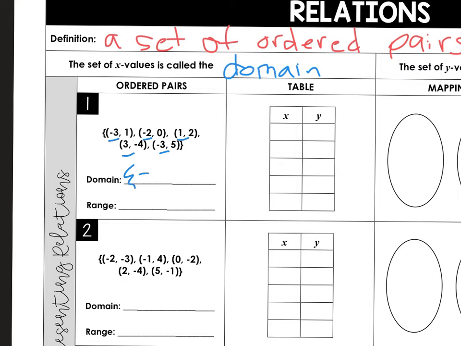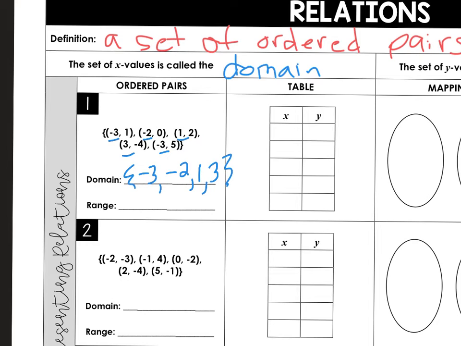So we have -3, that's the smallest. There's two of them, but you only have to write it down once because we're looking at the total from one to the other. So -3, and then I have a -2, I have a 1, and I have a 3, and then these are my fancy brackets. They don't look that fancy, but they are.